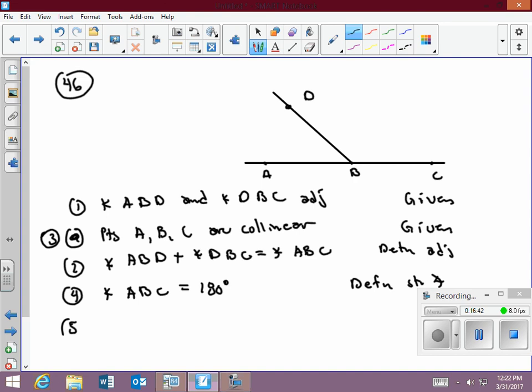What would you say for the next statement? Angle ABD plus angle DBC equals 180. What would you give for a reason there?